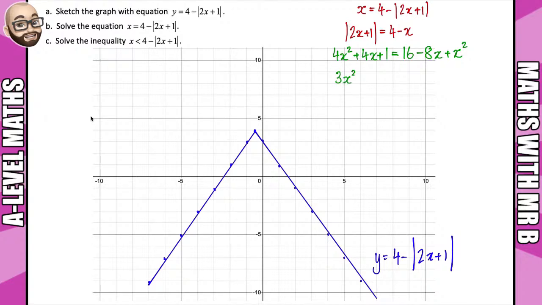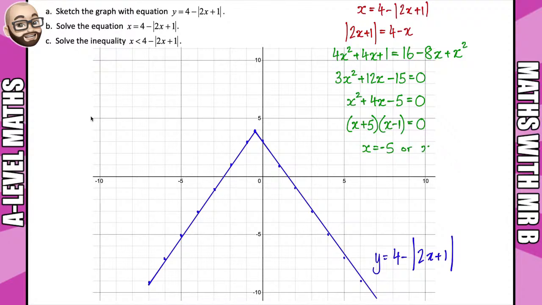We're going to get 3x squared plus 12x minus 15 equals 0. To make it easy for myself, I'm going to divide everything by 3. And now we can factorize it. So it's going to be x plus 5, x minus 1 equals 0. So x is going to equal minus 5 or x equals 1.